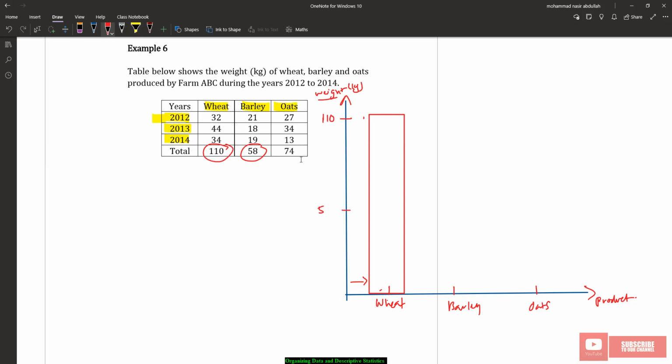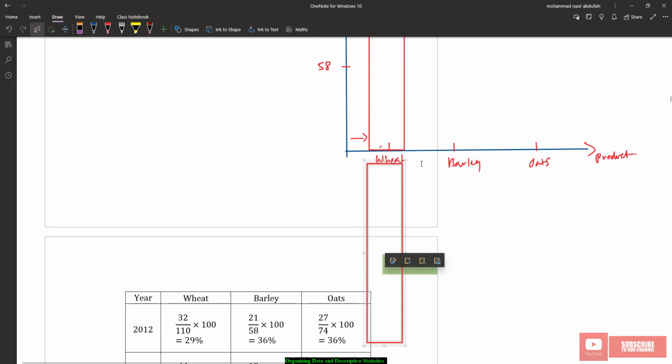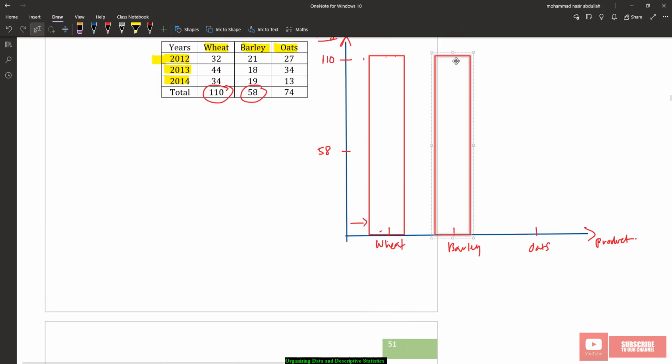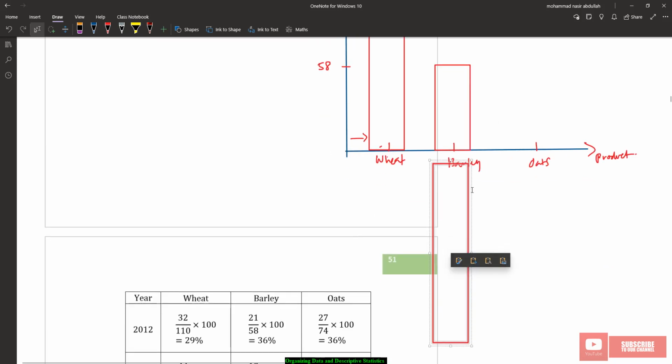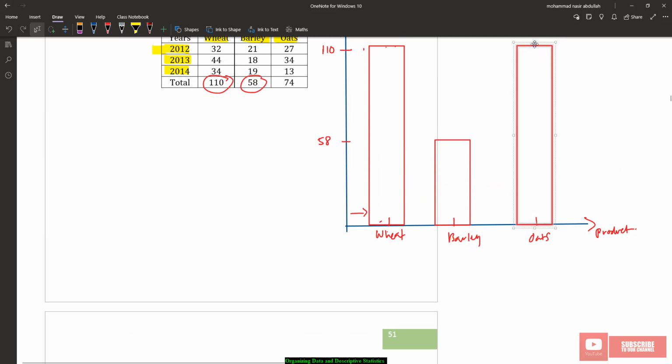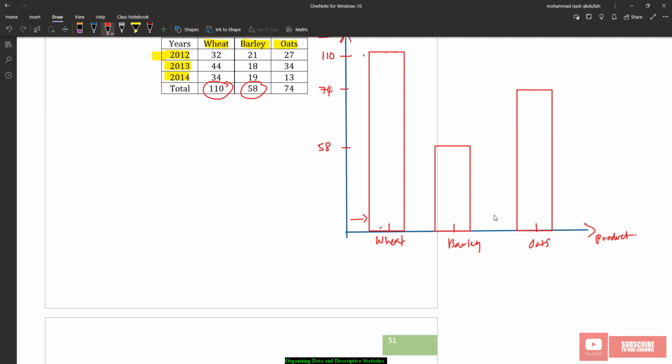If you have graph paper, then you can measure properly. Right, so we just need to copy and paste. So barley is down here, and oats somewhere here, a bit higher. This is going to be 74. Right, we start with a simple bar chart.